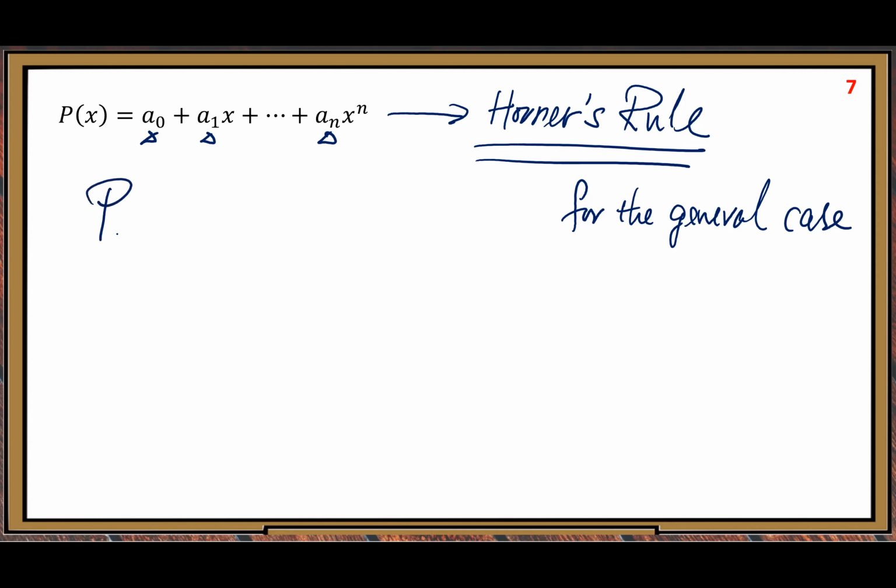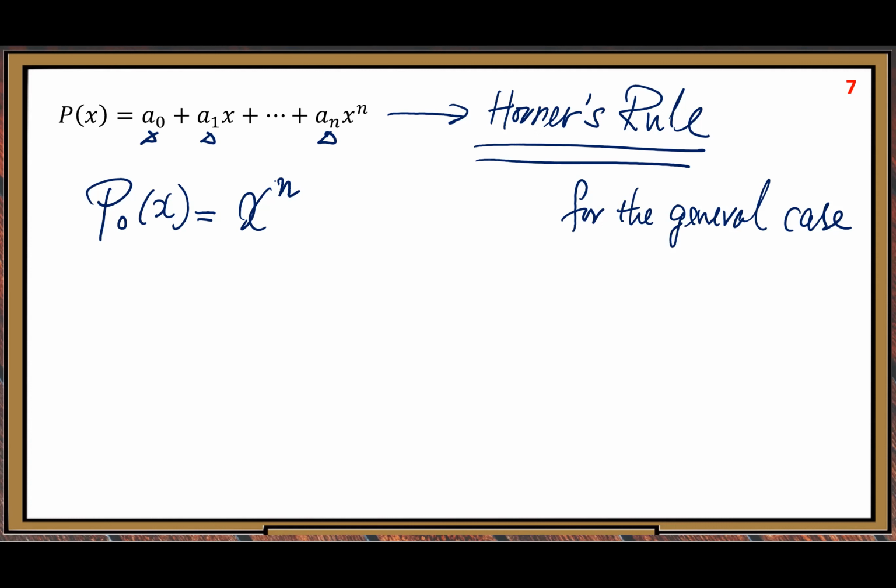Suppose P0 of x, this polynomial, equals x to the nth power. Is this special? Special, right? Monomial, only one term, no coefficient, or the coefficient is 1. So it's a special case.